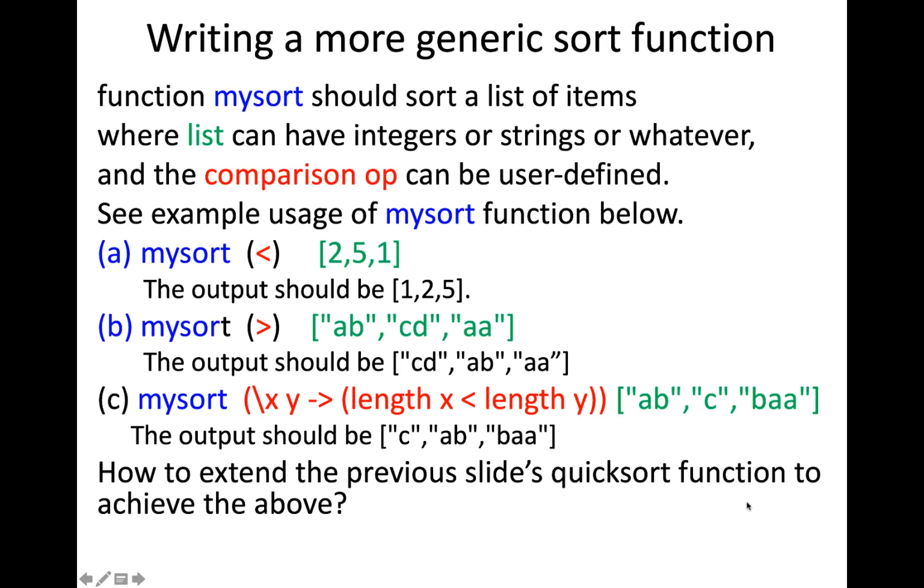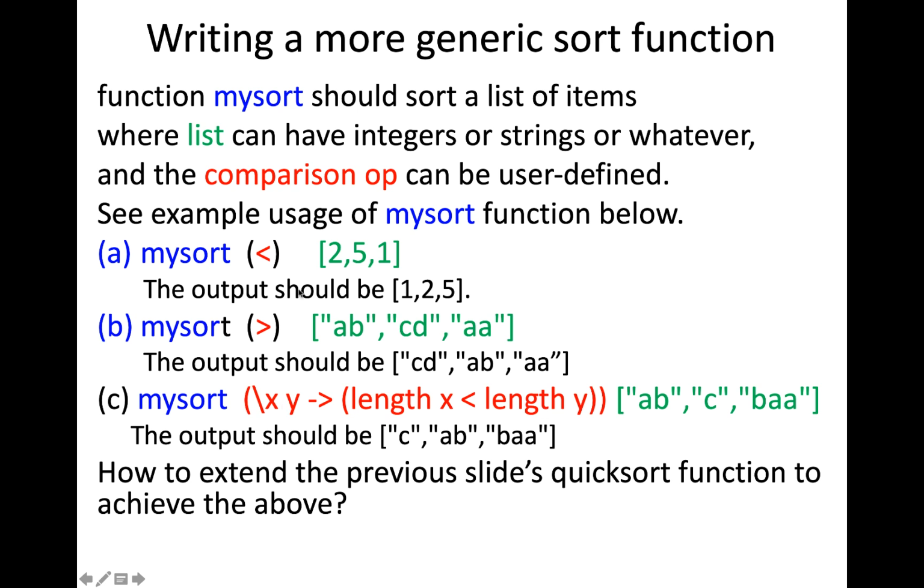But in this new one, we are talking about accepting a comparison operation from outside as a parameter that can be less than, that can be greater than, or that can be comparing according to the length of the strings.